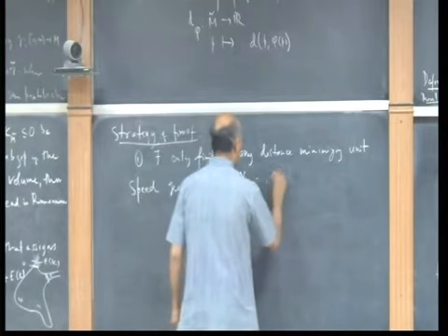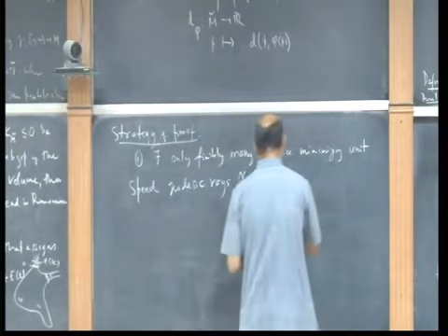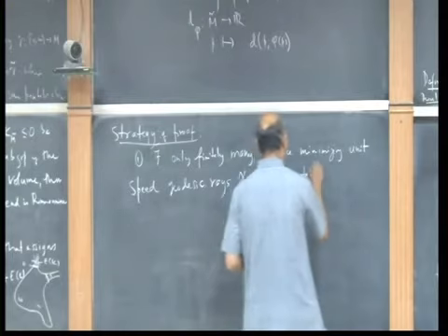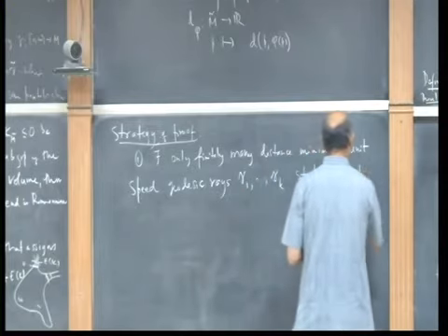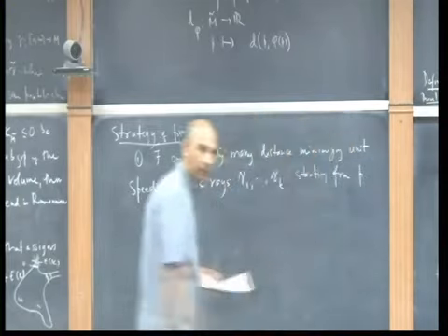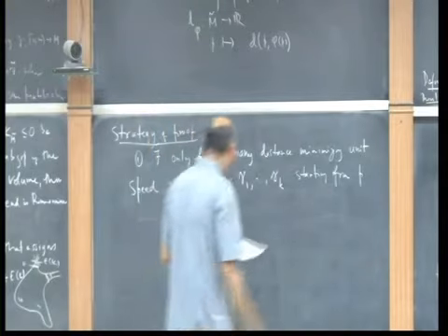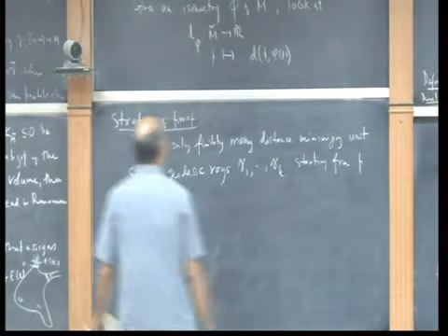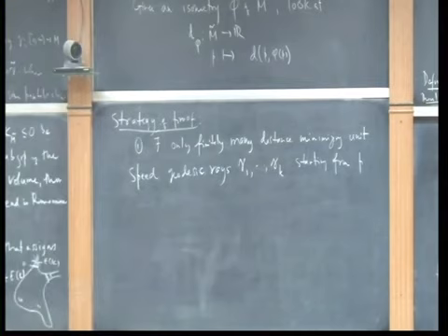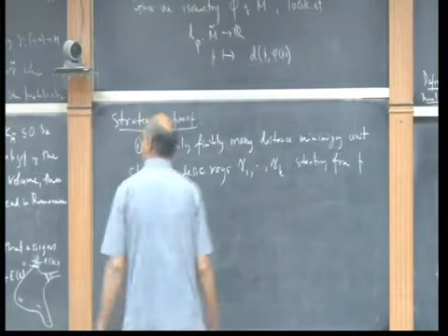Let's say gamma 1 to gamma sub k, starting from some point P. P is a point in M, from where there are only finitely many minimizing ones. If there are only finitely many, that's the first step in the strategy to prove. That means that each such can actually enter into a cusp, so that basically shows that there can only be finitely many ends.